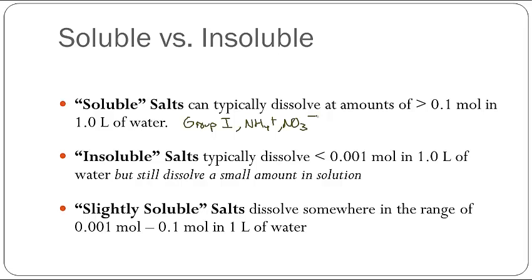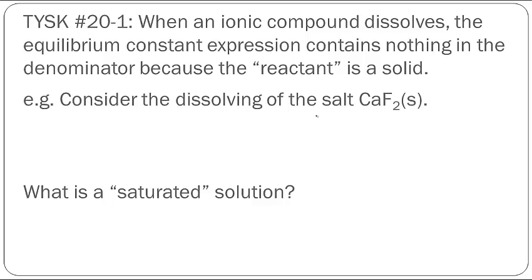Okay. So here's the first thing you should know from this chapter. When an ionic compound dissolves, the equilibrium constant expression contains nothing in the denominator because the reactant is a solid. So, for example, consider the dissolving of the salt calcium fluoride.